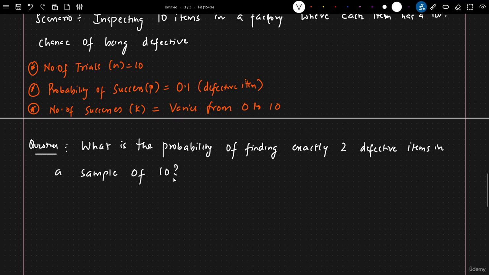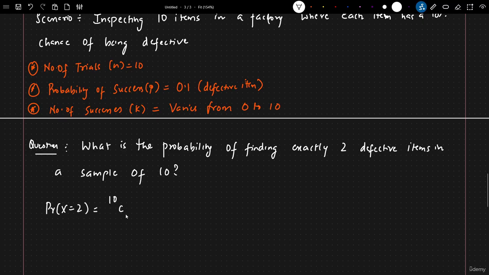Okay. So here my question is, what is the probability of finding exactly 2 defective items? I know 10% is the defective chance. Each item has a 10% chance of being defective, but I really want to find out exactly 2 defective items in a sample of 10. So if I calculate the probability, it is nothing but the probability of X equal to 2.